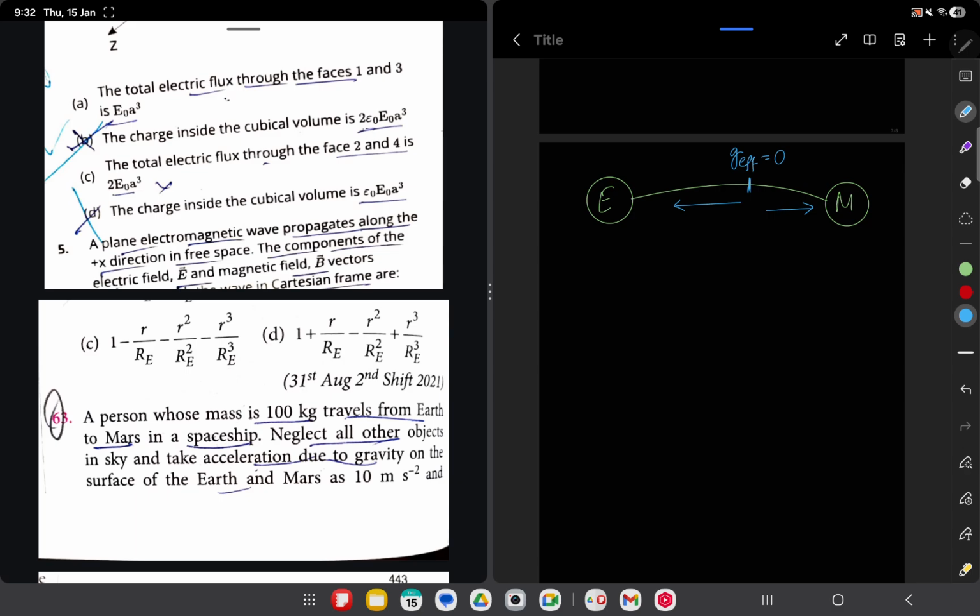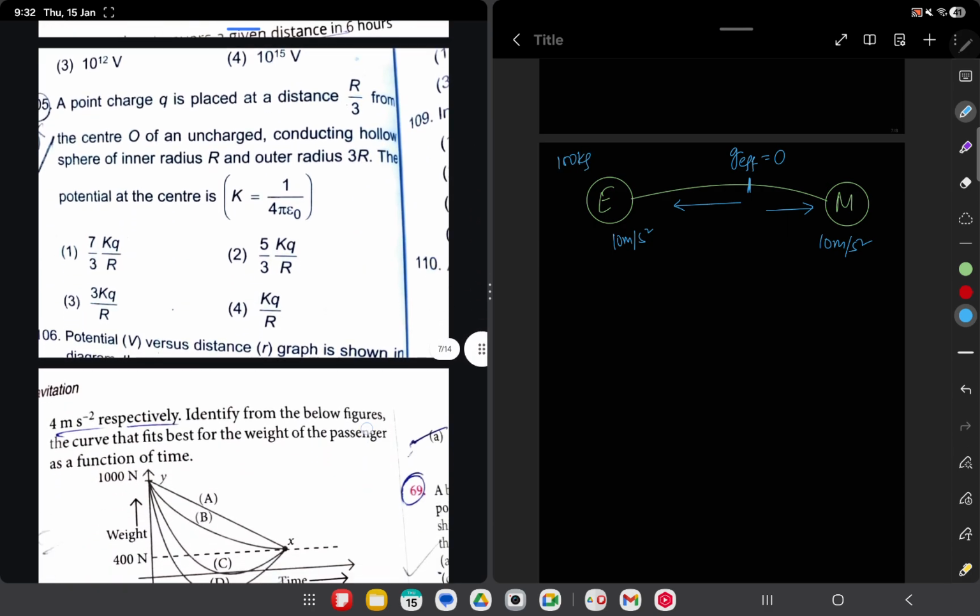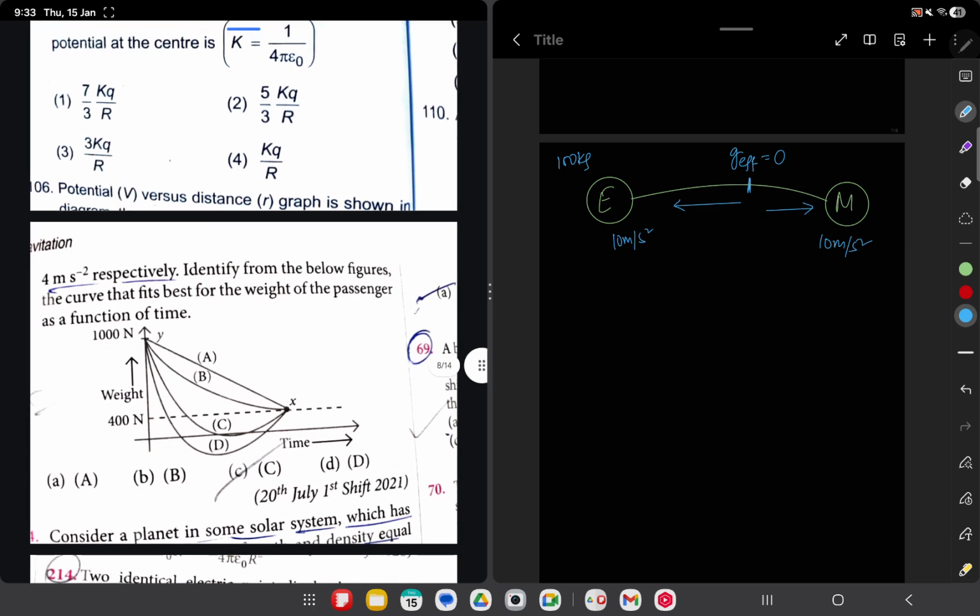Now neglect all other objects in the sky. Take acceleration due to gravity on the surface of Earth as 10 meter per second square, and on Mars as 4 meter per second square. Mass is 100 kg.